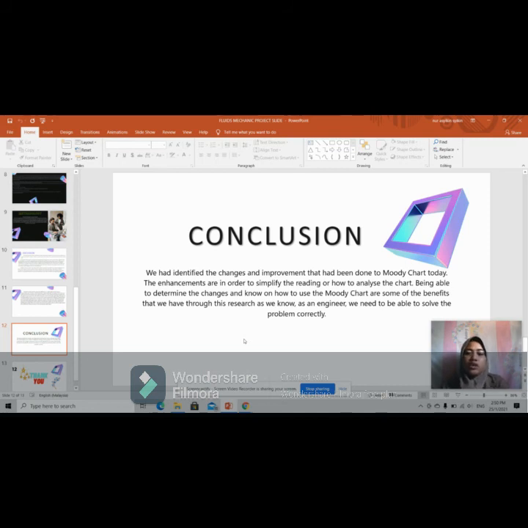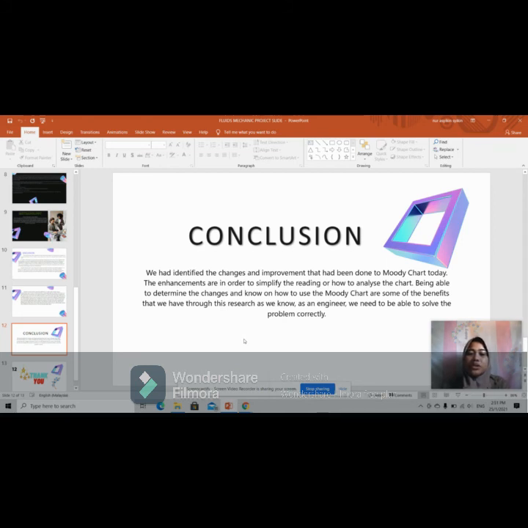I will be presenting the last part of this presentation, which is the conclusion. For the conclusion, we need to know how to use and apply the Moody chart. We believe the improvements that have been done make it easier for us to interpret or read the Moody chart.